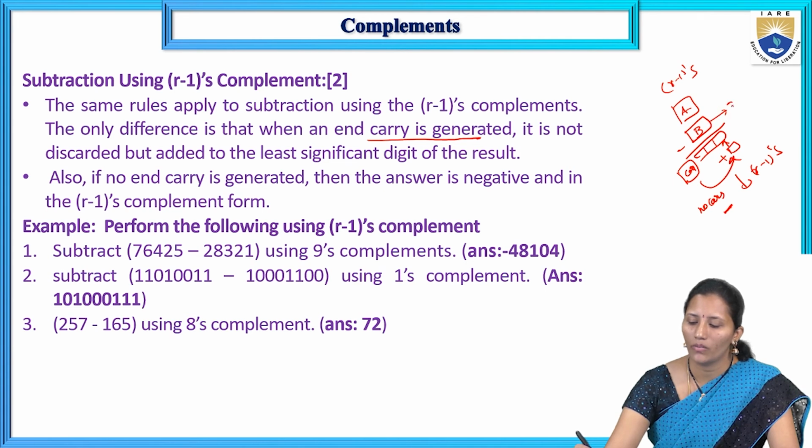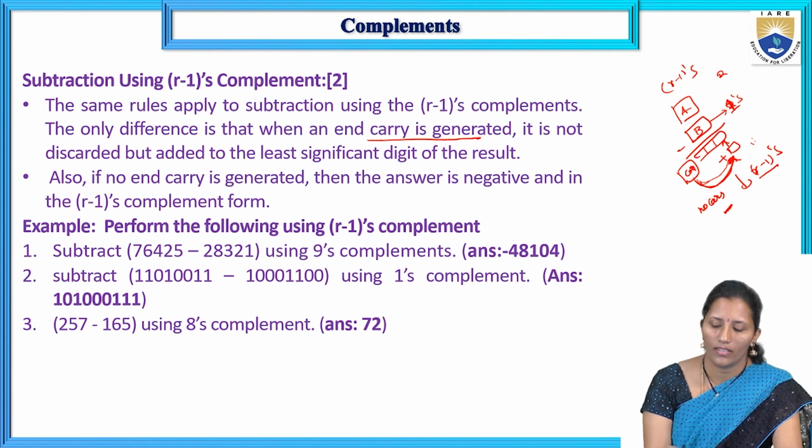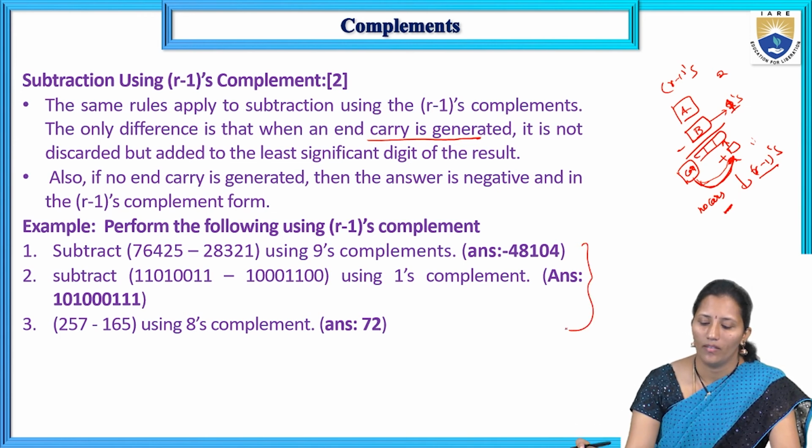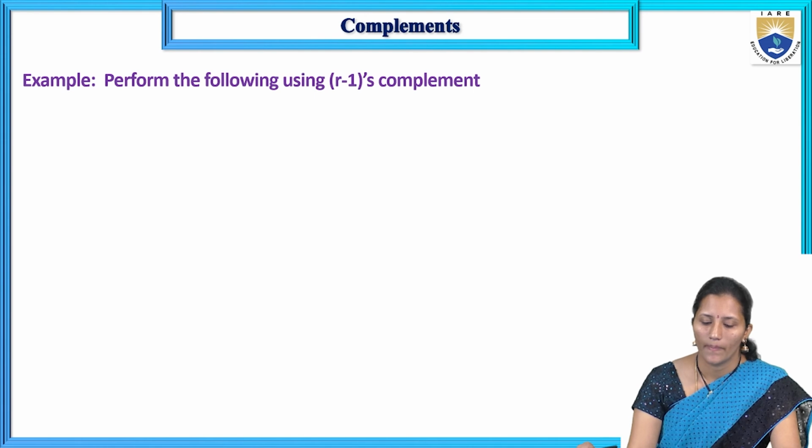For the binary system, the r minus 1 complement is the 1's complement. If a carry is generated, add it to the LSB. If there is no carry, find the 1's complement and give a negative sign. These are the examples of the r minus 1's complement.